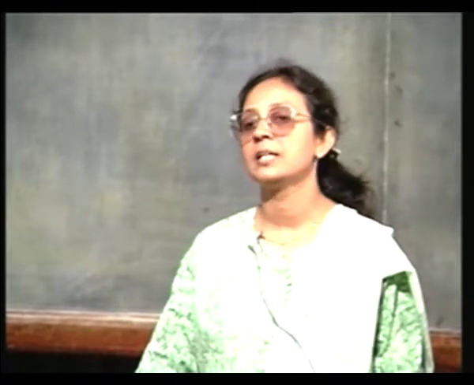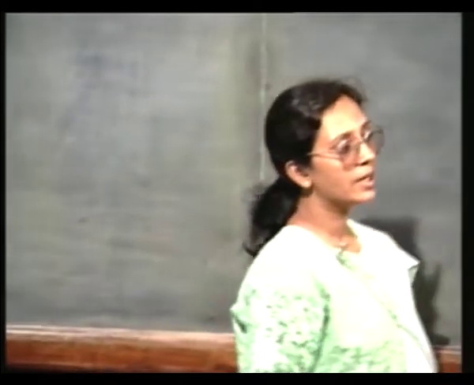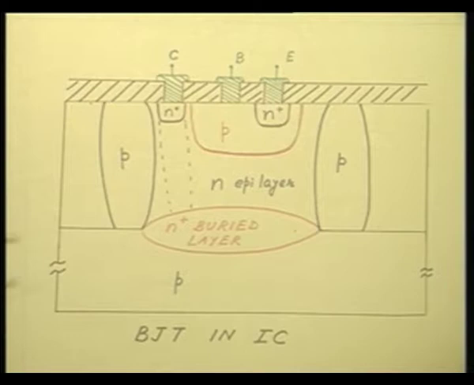Very interestingly, it is not phosphorus, the most widely used N type dopant material. It is not phosphorus that is used to realize this buried layer, because you see this buried layer formation will be followed up by the epi layer, by an epitaxy, and the epi layer should have a much lower doping concentration than the buried layer.